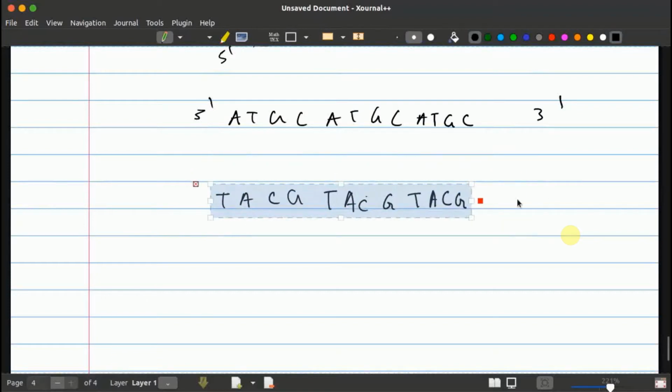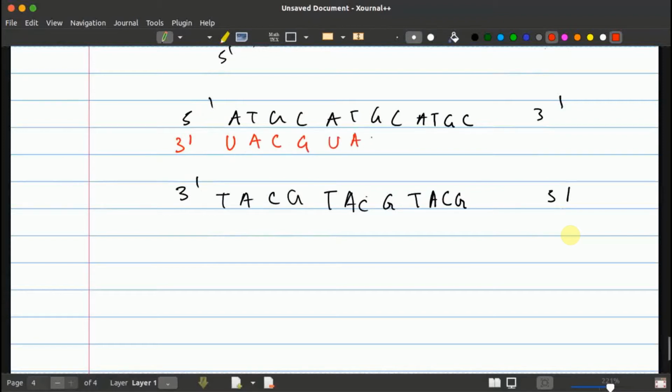These are the two DNAs, correct? And this will be from 3 prime to 5 prime. So what will be the RNA corresponding to this? This will give you U. Corresponding to this, according to the top one, what? UA. Yes.